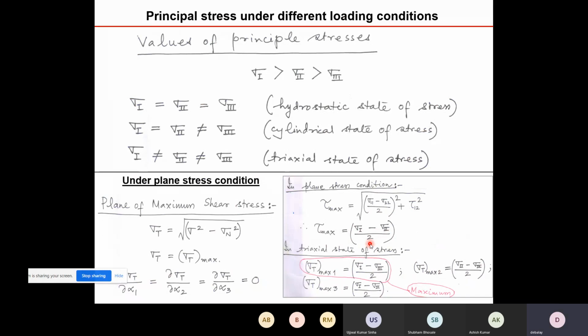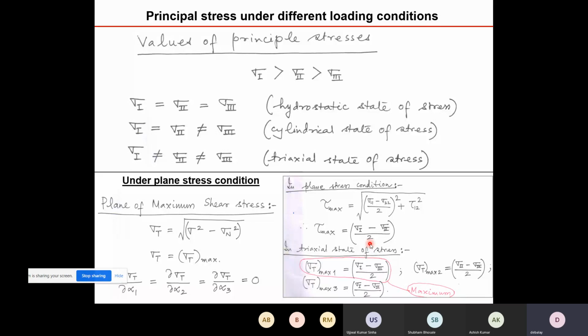It can also be derived that maximum shear stress planes will be inclined 45 degrees with respect to your principal planes or principal directions. Previously in class, I told you that the maximum shear stress plane acts at 45 degrees with respect to your major applied loading direction.